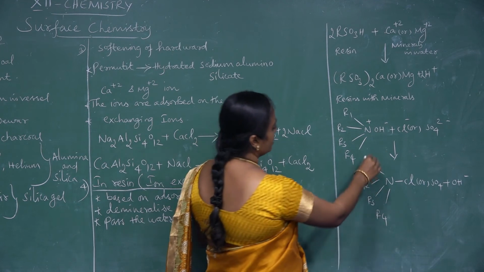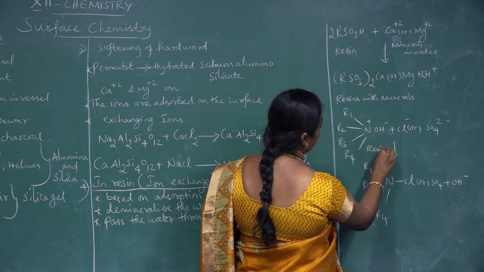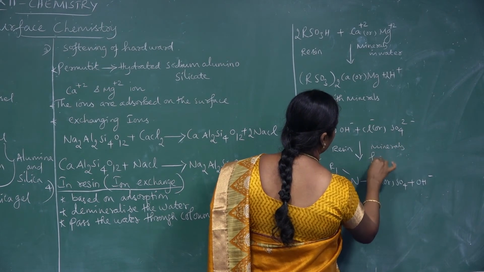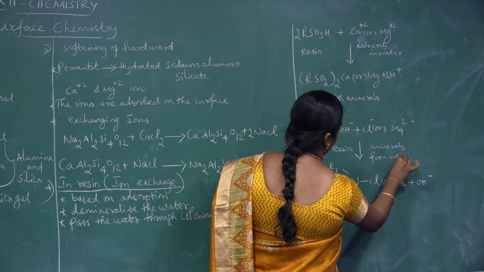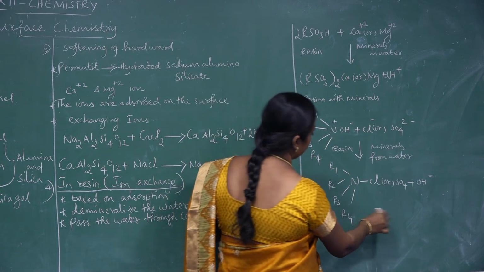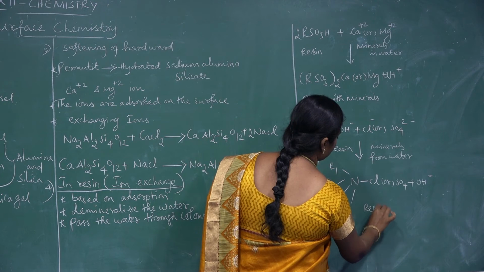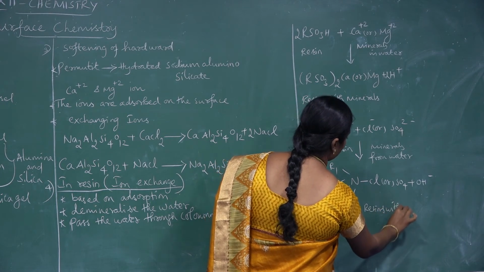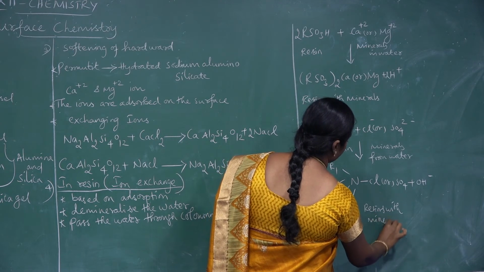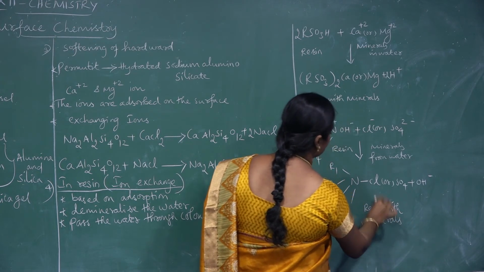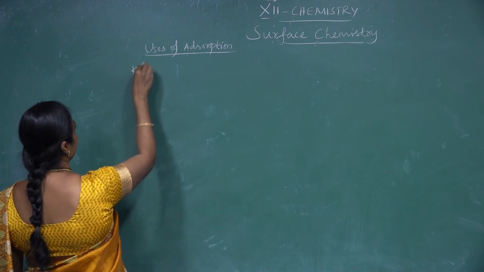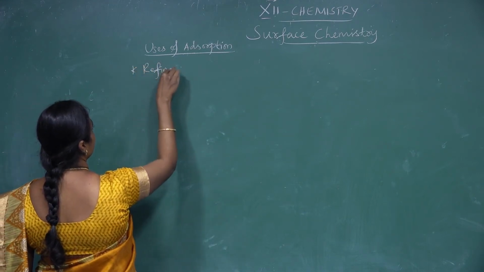So here also it is taken as one type of resin. These are the minerals we obtain from water, and the minerals from the water can be exchanged with the resin, and we get resins with the minerals.